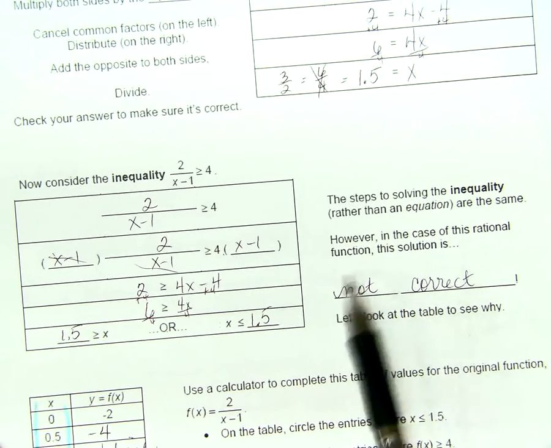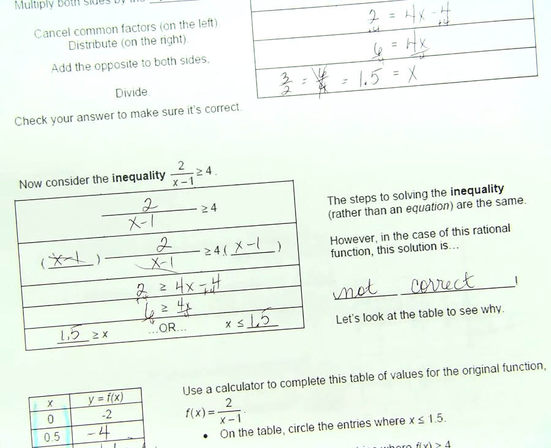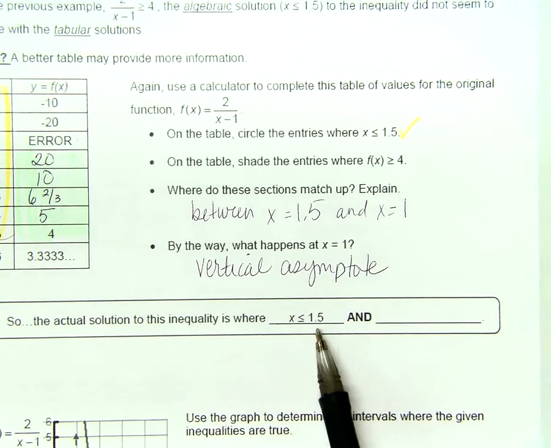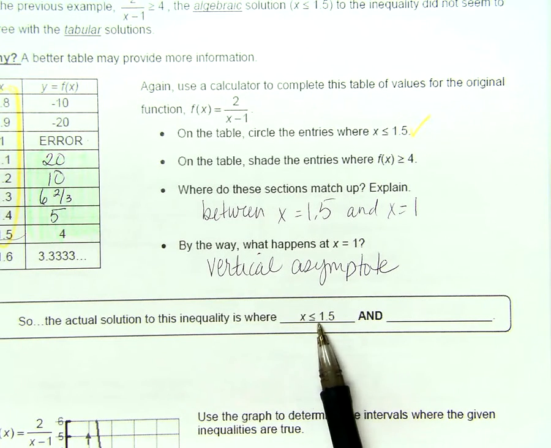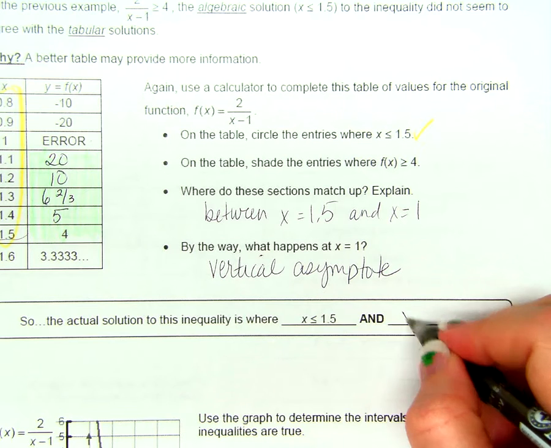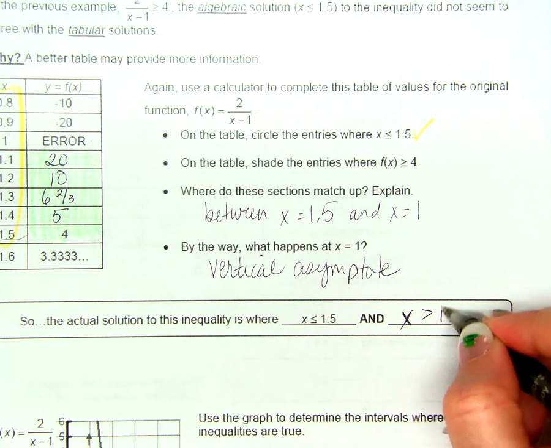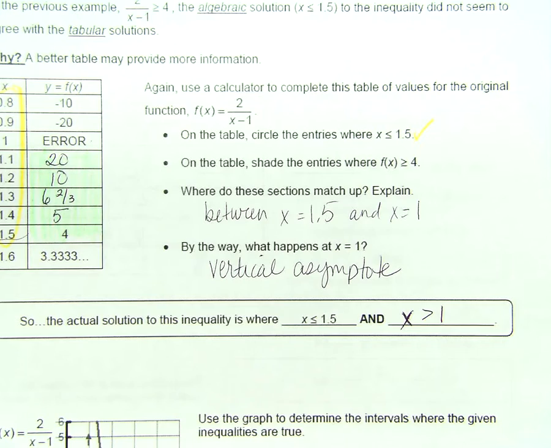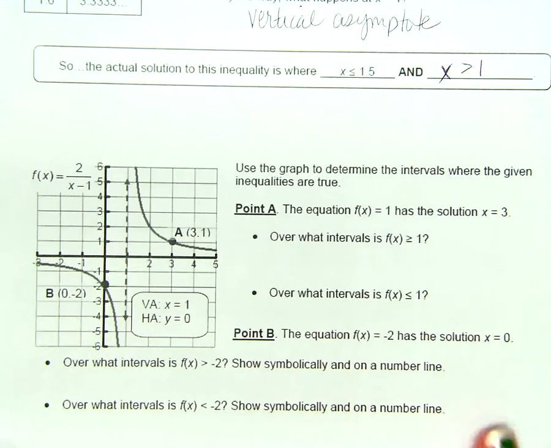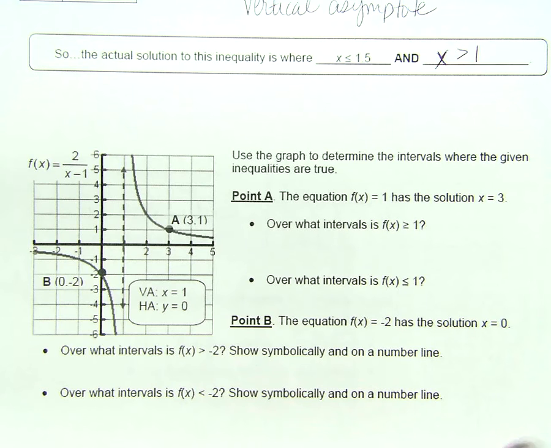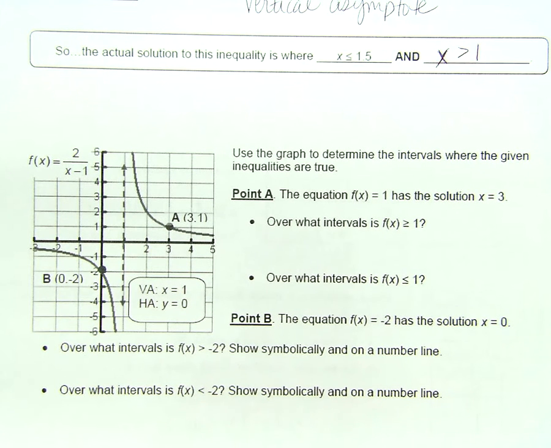It makes it sound like it's not right at all, but it's not all the way right. How about that? Okay, it's not the whole answer. Everything less than or equal to 1.5 and everything greater than what? 1, absolutely. And why is it 1? Because that's where the asymptote is. Very good.